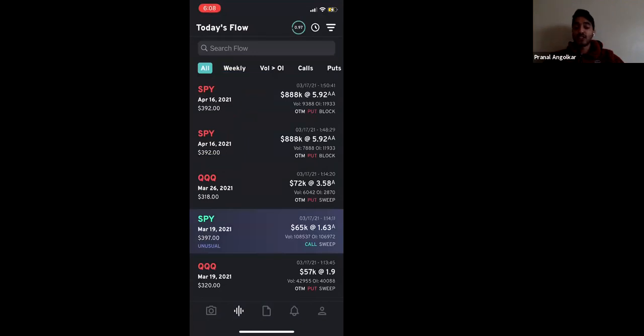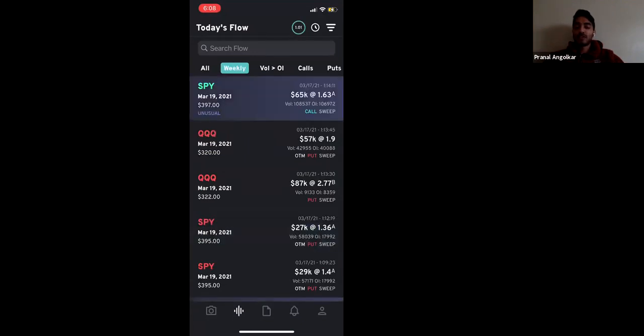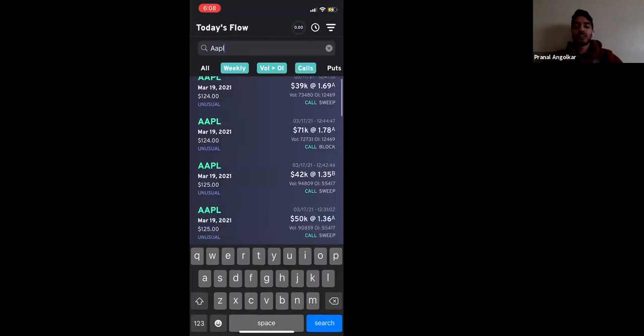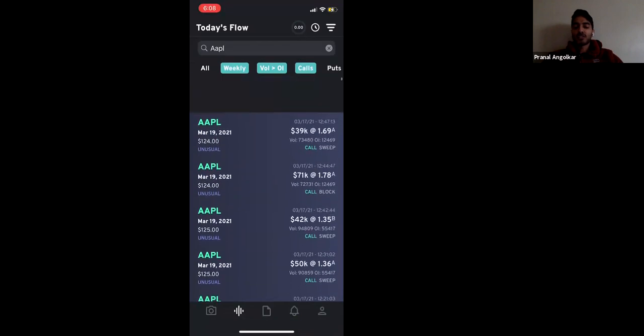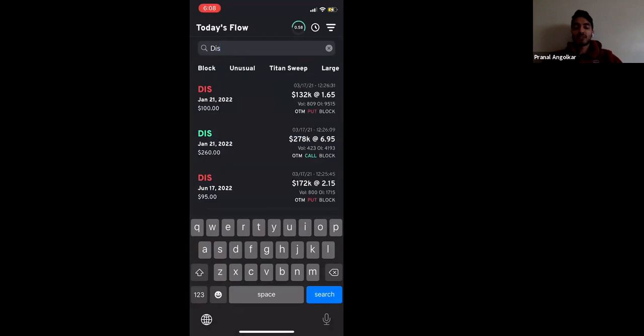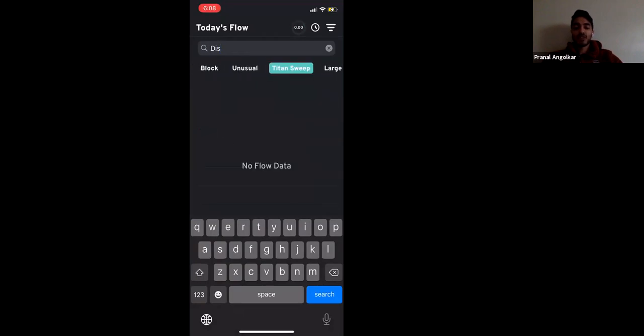Next page is our today's flow page. Same thing, you can filter specific options for all tickers, or you can search by individual ticker. So I just search Apple, weekly call flows at volumes over open interest, calls. Awesome, you can see all that information. I can go to any flow, any stock we're trading. If I just want to see like Titan sweeps, actually no Titan sweeps.